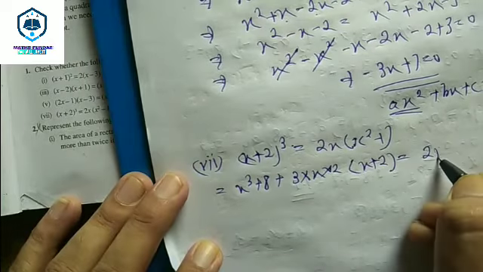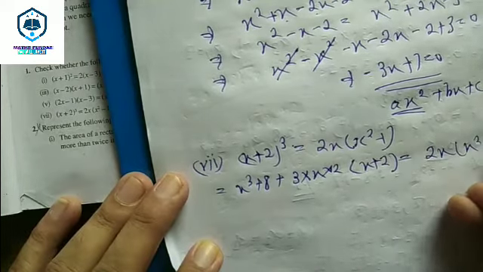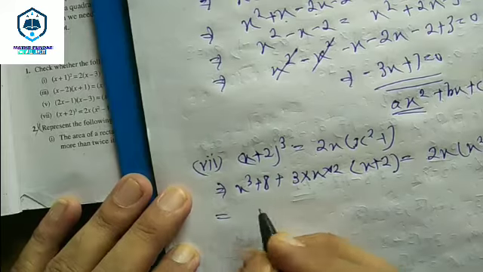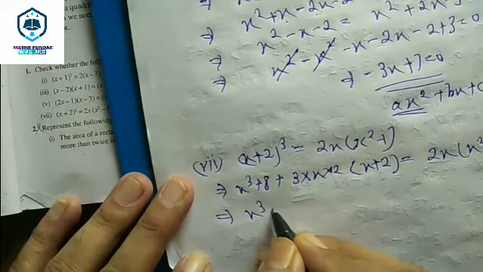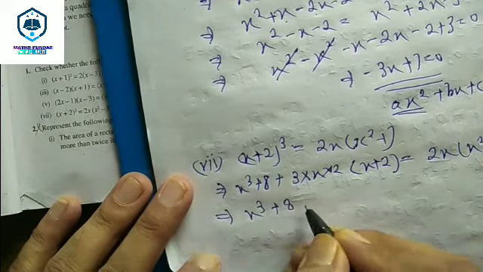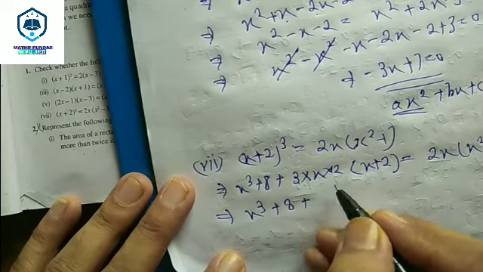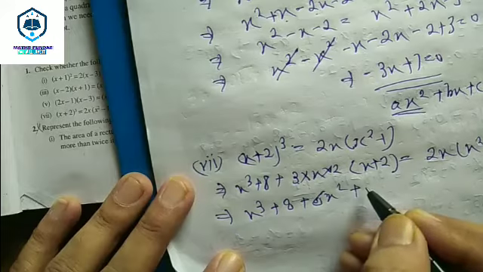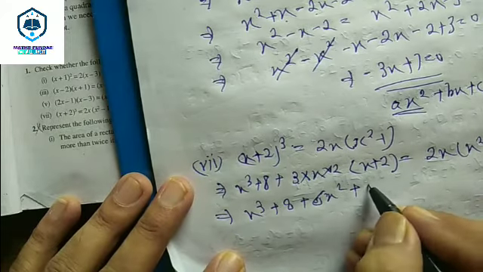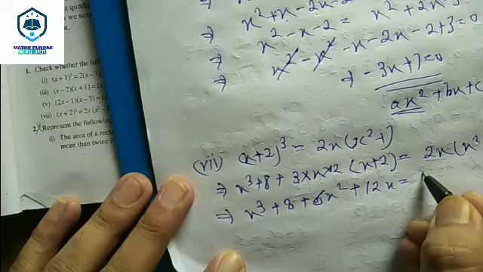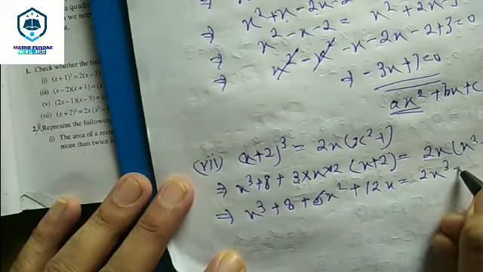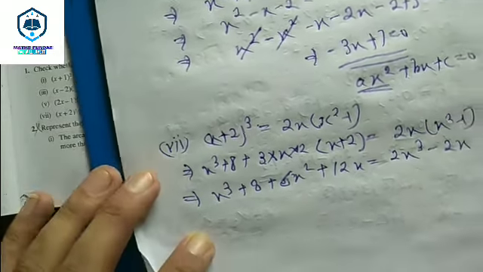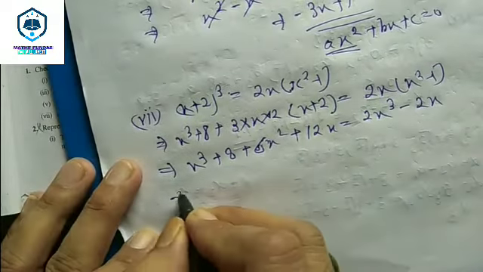So now we have here x cube plus 8 plus 3 into 2, 6x, that is 6x square, plus 6 into 2, 12x, equals to 2x cube minus 2x. Now we'll do the grouping here.